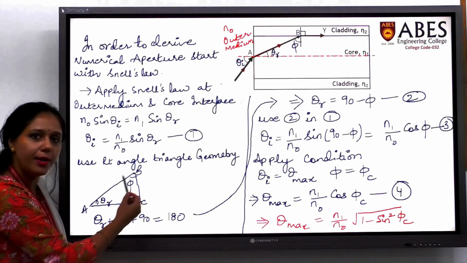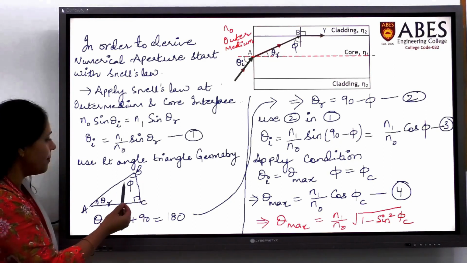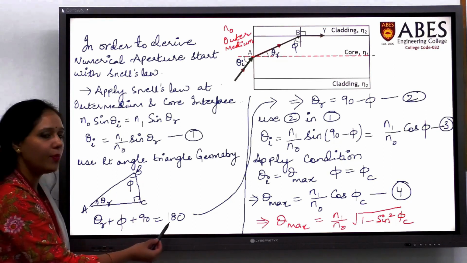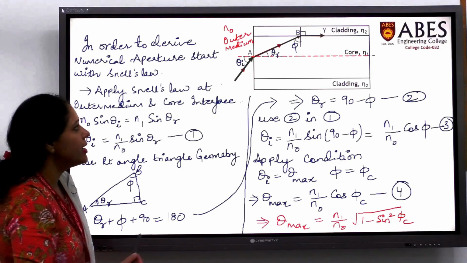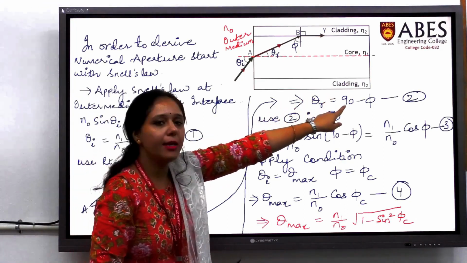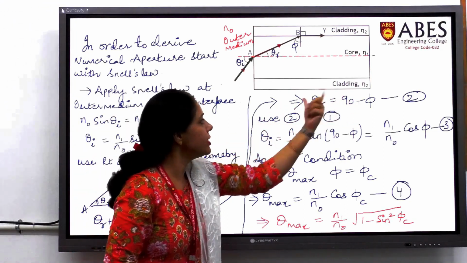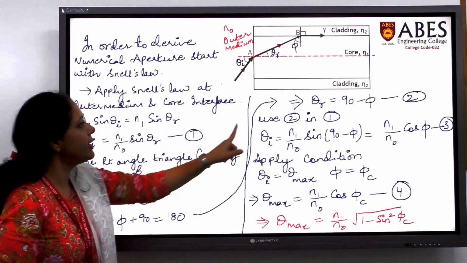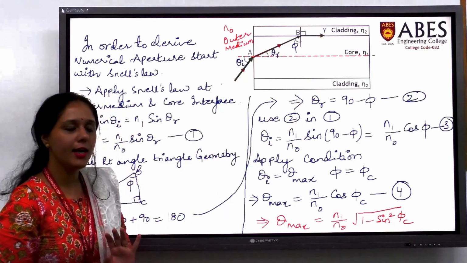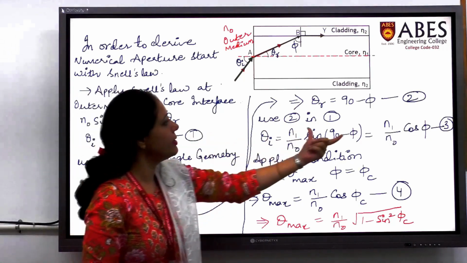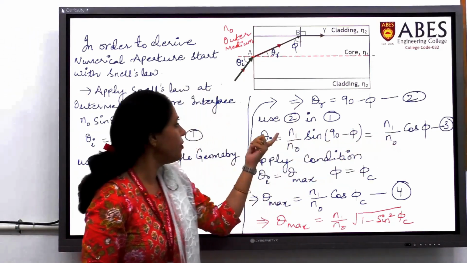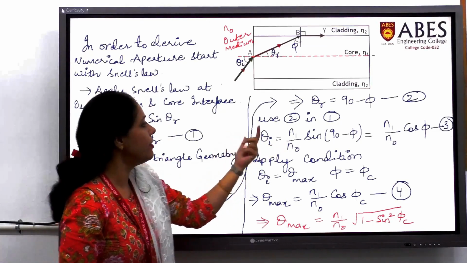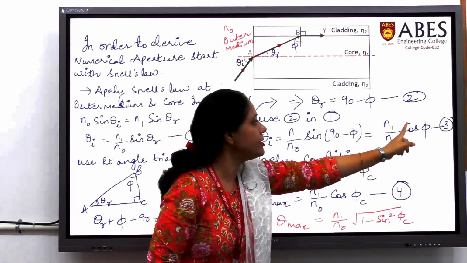If we complete this geometry, it is theta R plus phi plus 90 equals 180. So theta R will be 90 minus phi. If we use this in equation number 1, then sine of 90 minus phi will be cos phi. So that is what I have written in equation number 3: the input incidence angle will be N1 upon N0 cos phi.